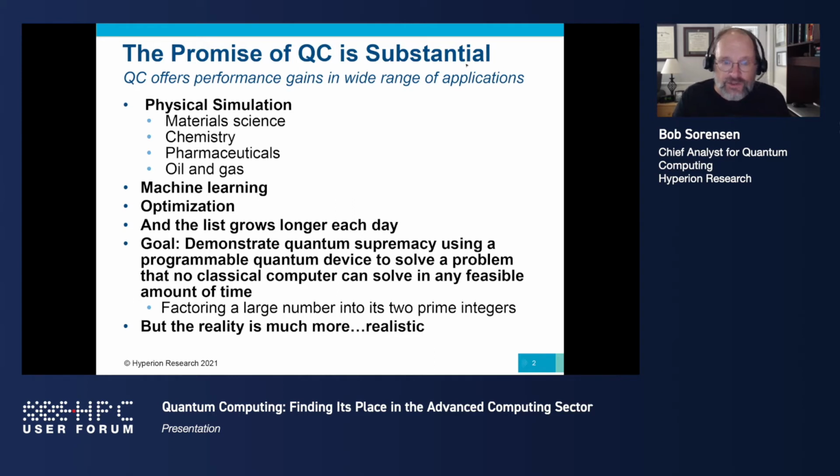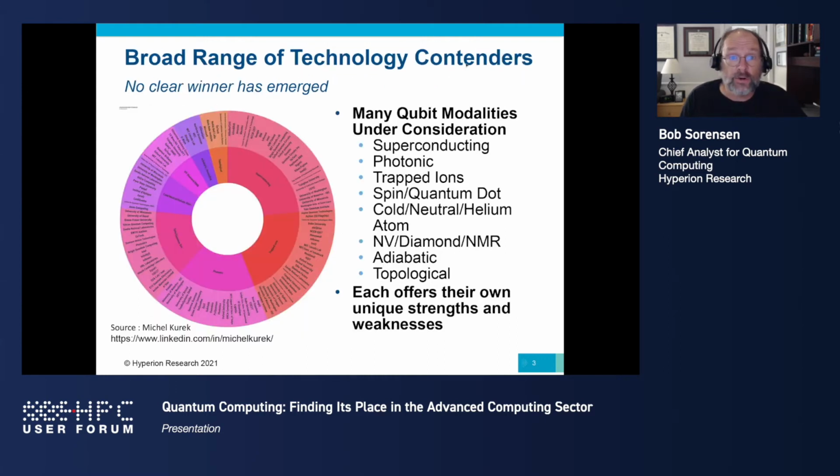And the key there is that Shor's algorithm can do something in, say, a few hours on a theoretical quantum computer that may be available perhaps in a decade or more, that would take the age of the universe to compute on a classical counterpart, even at the highest levels of performance. So that's the high point of all that. But ultimately, we'll get to this. The reality of what quantum is today, and will probably be for the next few years, is quite frankly much more realistic. And we'll discuss that a little bit going forward.